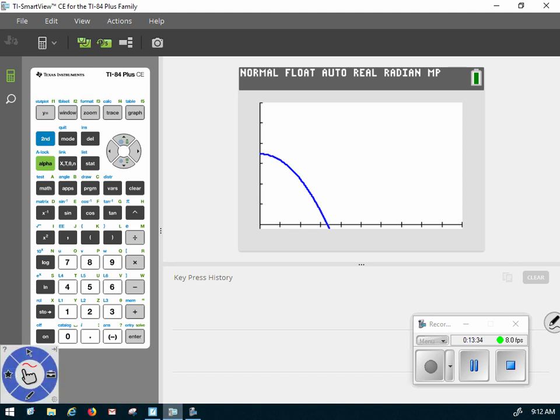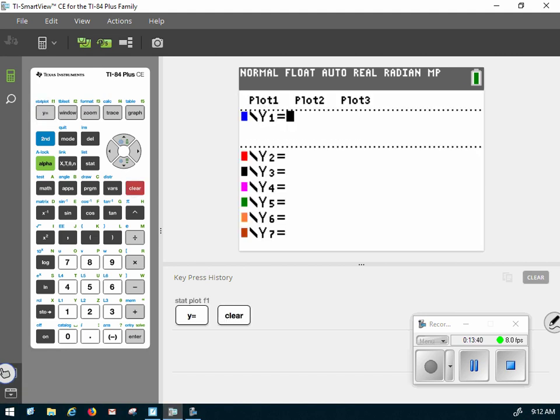On your calculator, go to y equals and clear out anything you got there. In my pre-cal and AP calculus classes, we call that the walk of shame. Okay. What I want you to put in here is 7x squared minus 23x plus 6.